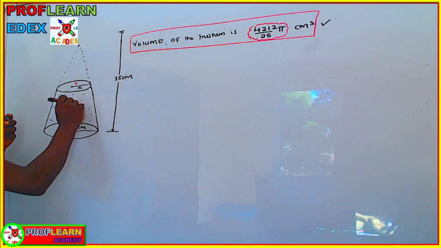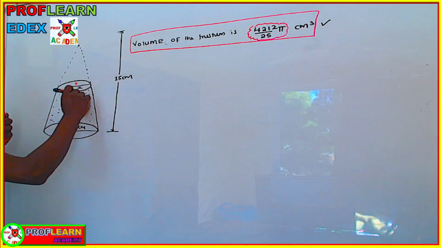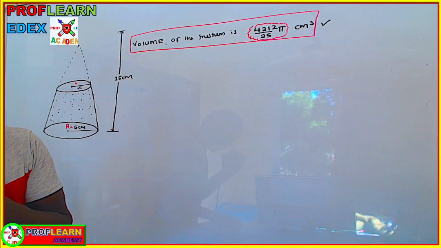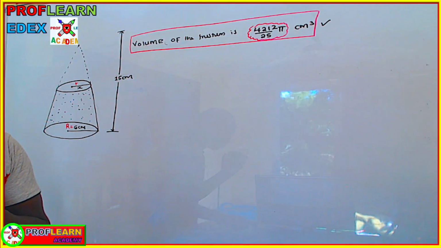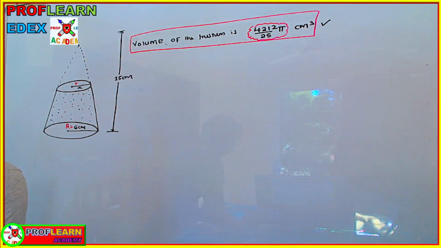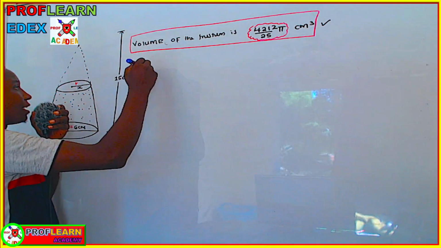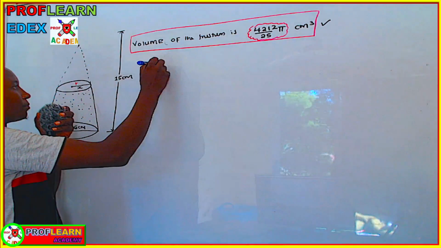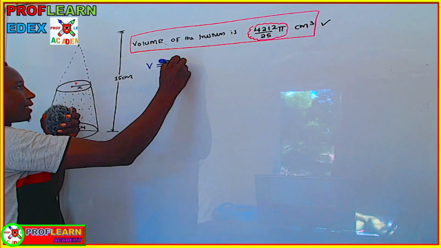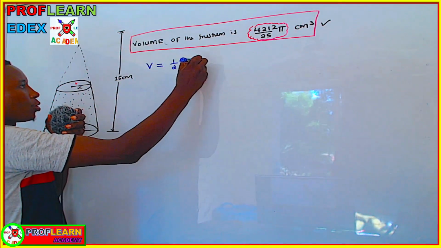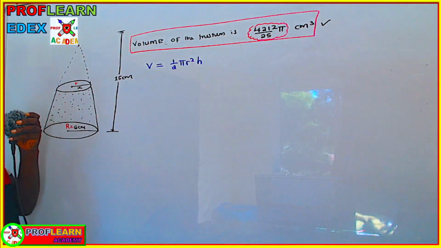So one important piece of information we need is the formula you can use to work out the volume of a cone. Remember, the volume of a cone is given by a third pi r squared times h.